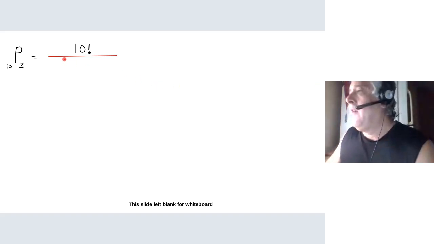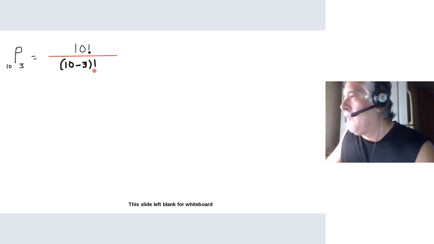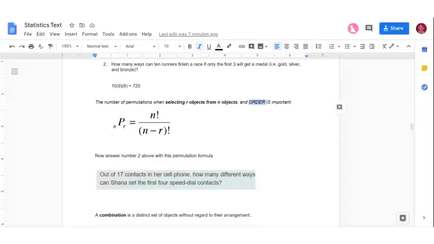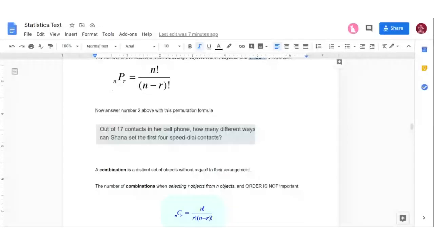And then down here is 10 minus 3. So there's that formula we're using. The large number goes up there with a factorial, and the denominator is just the difference between the two, factorial. And it's always the smaller from the larger because you don't want a negative one down there.